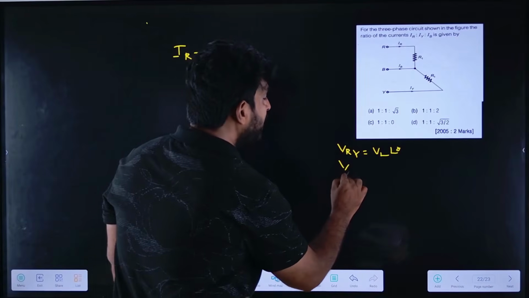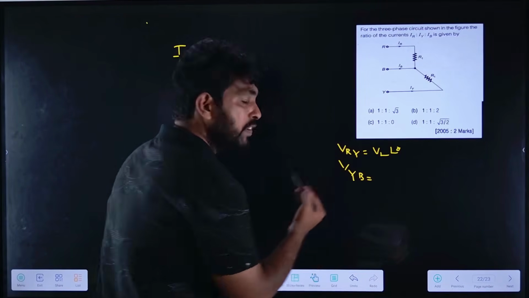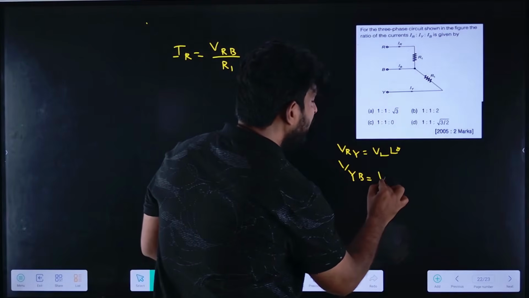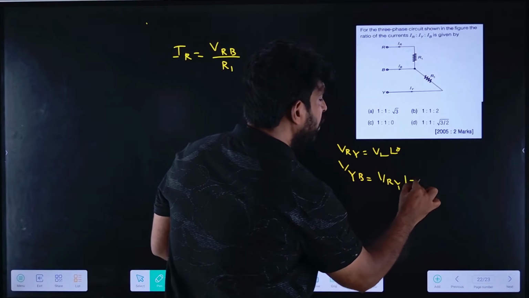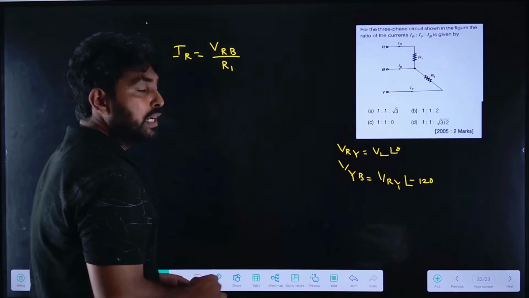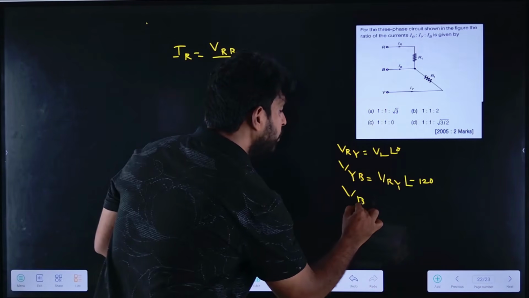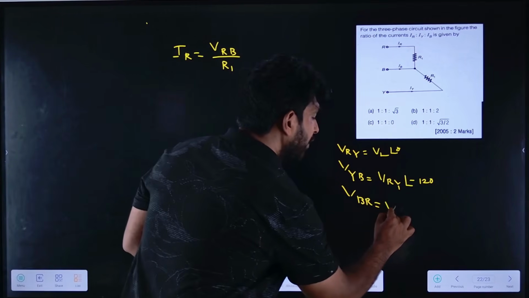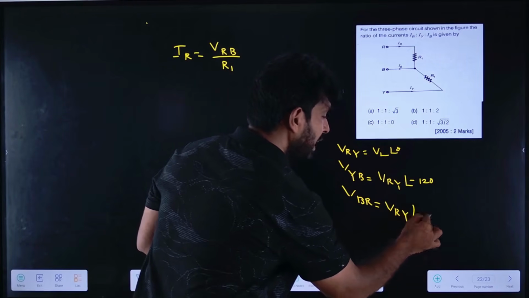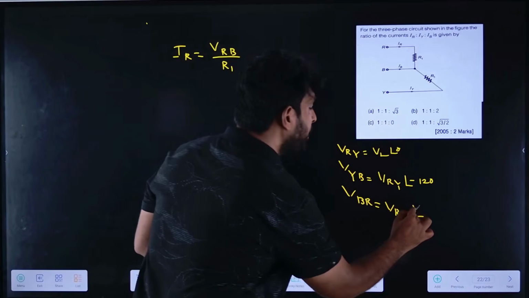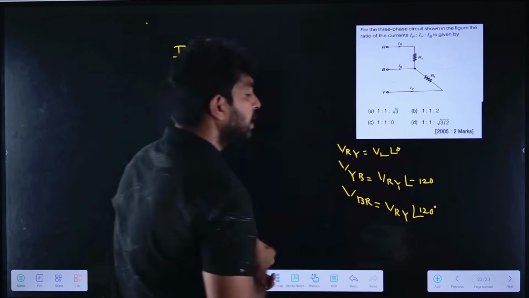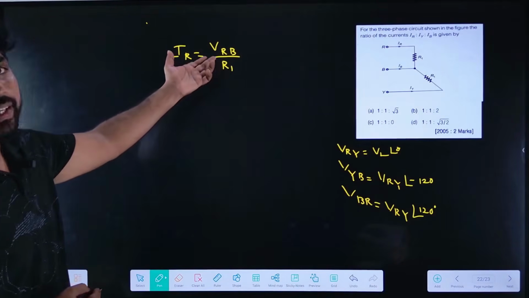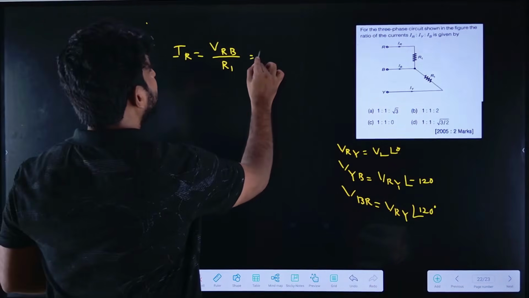So VYB is, how much is VYB? VYB is VRY at an angle of -120. VBR is equal to VRY at an angle of +120. So now we need to find it, which is equal to minus VBR.